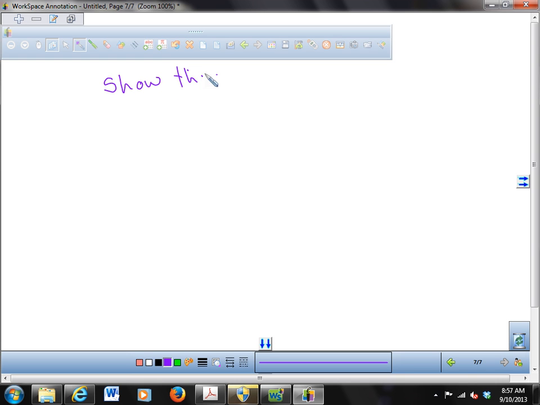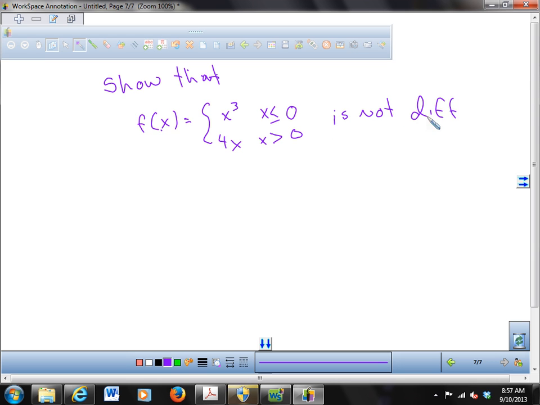Show that f of x equals x cubed if x is less than or equal to 0, and 4x if x is greater than 0, is not differentiable at 0. Okay? Could you do that?